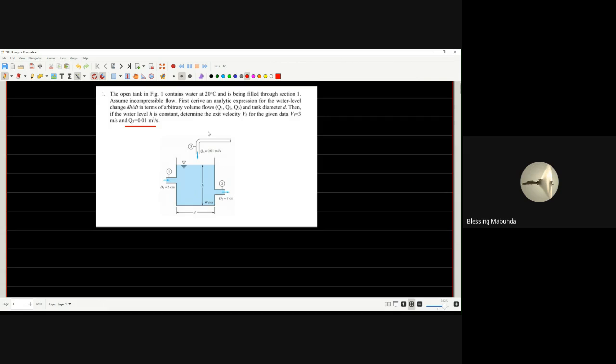When it comes to mass conservation, your first step always is to draw your control volume, which gives you an idea of what's happening in your system.